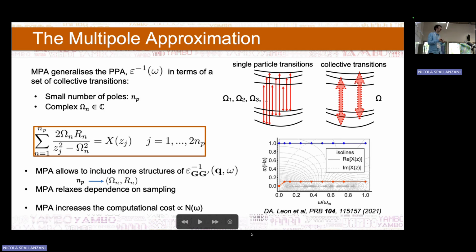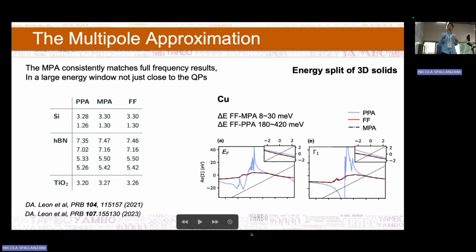That can be an issue instead for the plasmon pole. As I showed you, depending on which sampling you choose, in certain materials you explore either low energy modes or high energy modes. Instead here we have a continuous exploration over a larger energy range. So this is nice.